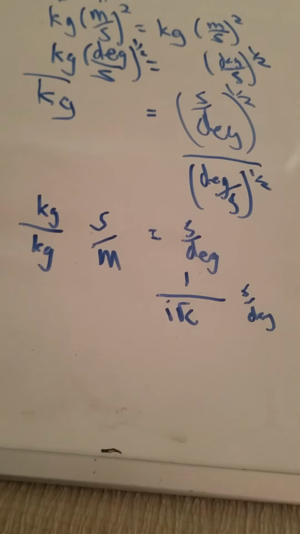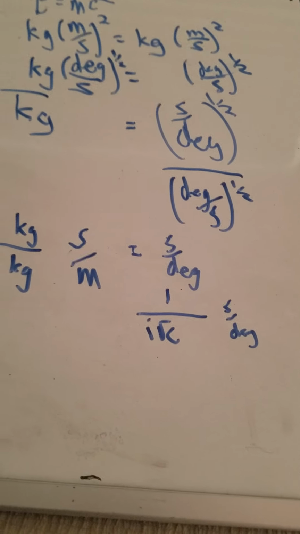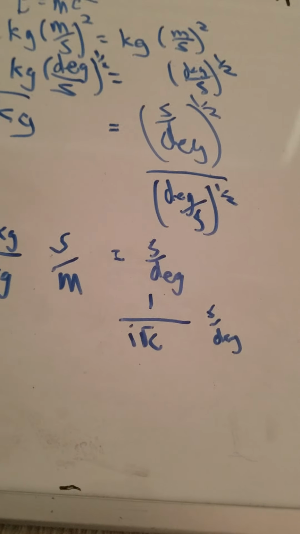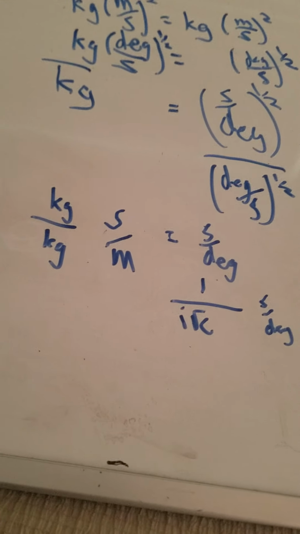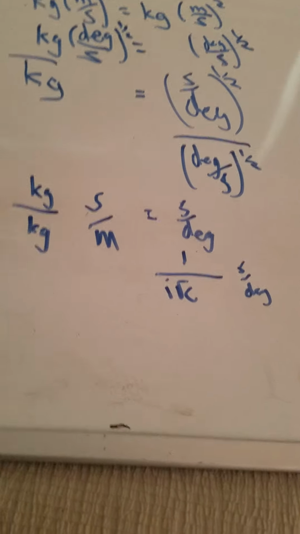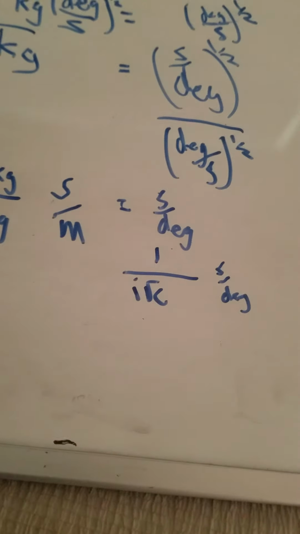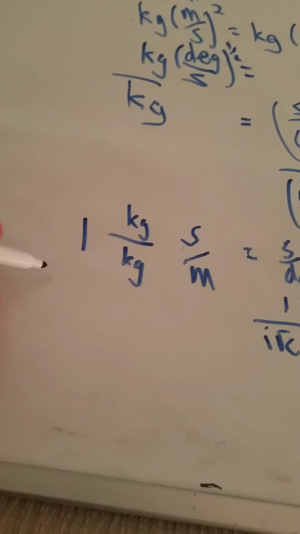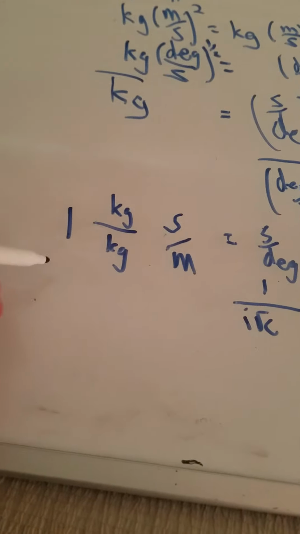I'm fairly positive. I looked at a sheet that had common units with kilograms, and kilograms over kilograms was on there. So that means it's a thing. That's what keeps this in balance. And over here we just have 1, we just need 1 over there.